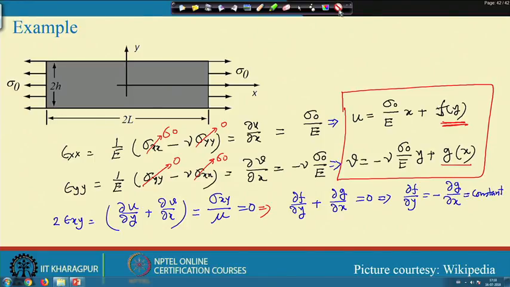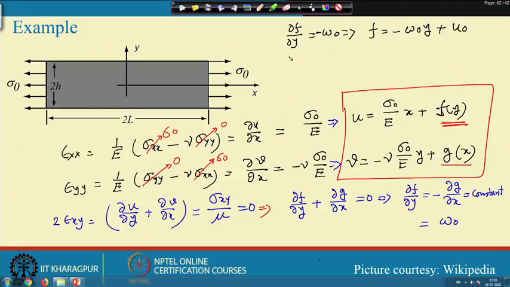Suppose that constant is equal to omega 0. If del f del y is equal to minus omega 0, then this gives you f is equal to minus omega 0 y plus a constant of integration, say u 0.